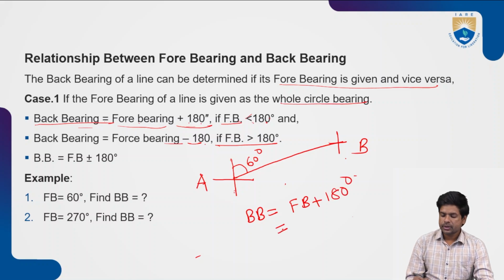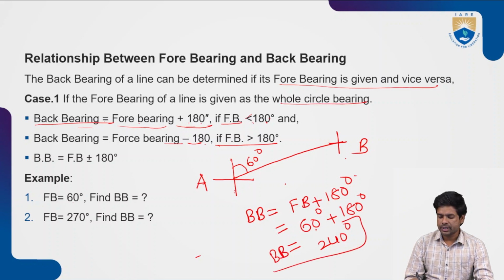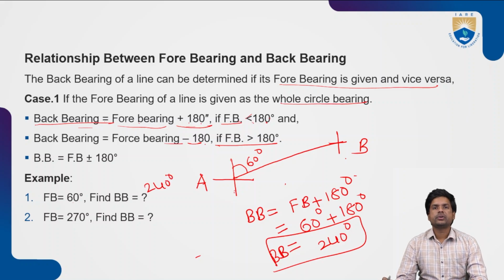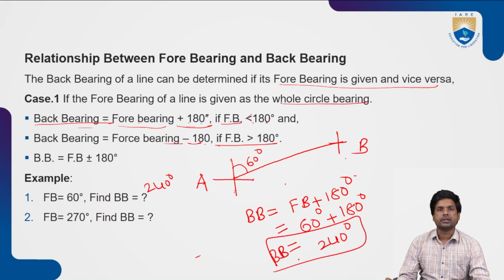So now what is the forebearing value given in the question? It is 60 degrees. So 60 degrees plus 180 degrees will give 240 degrees. So the back bearing is equals to 240 degrees. The answer is 240 degrees. This is how we are going to calculate the back bearing whenever the forebearing value is given.